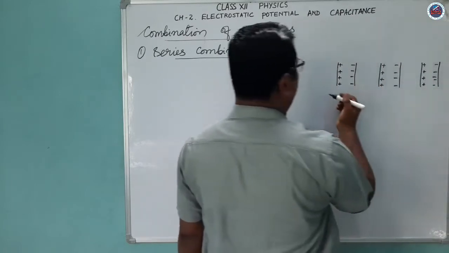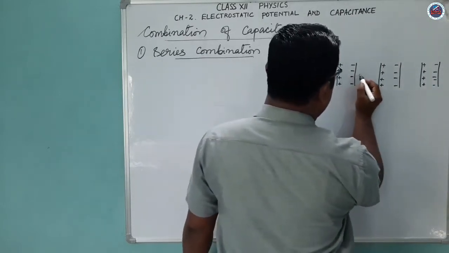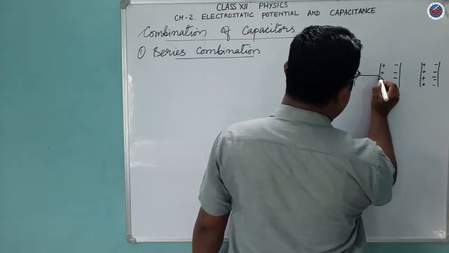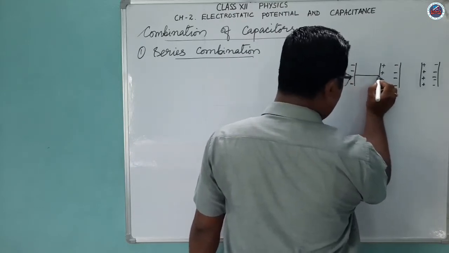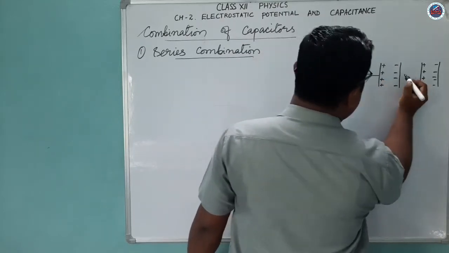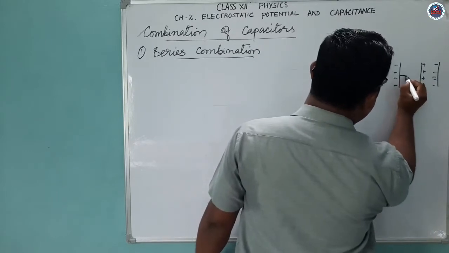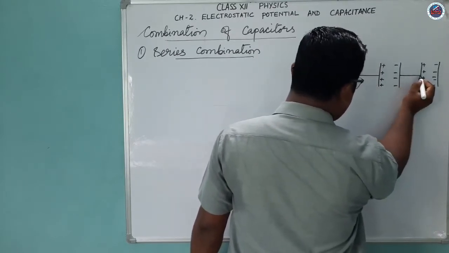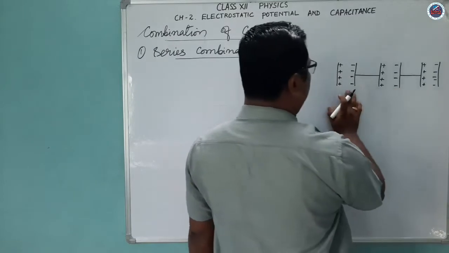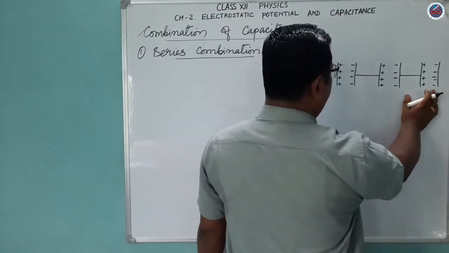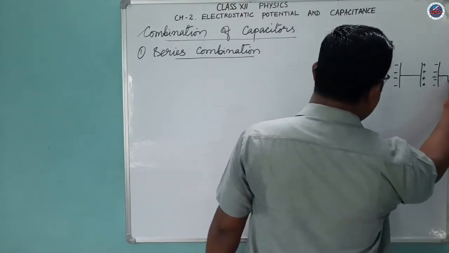These three capacitors are connected end to end: the negative plate of the first is connected to the positive plate of the second capacitor, then the second capacitor's negative plate is connected to the positive plate of the third capacitor, and so on. This type of arrangement we call series combination.